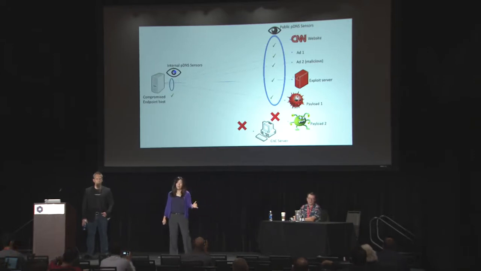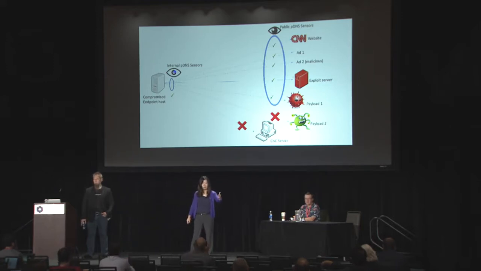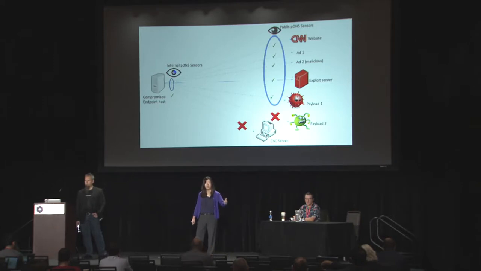when an endpoint host gets compromised by an attack, I'll give you one example here where public DNS sensors and private internal passive DNS sensors can work together to give you a better picture of the attack. The endpoint host went and visited a website like CNN. And in doing so, there were a couple of ads that rendered on the website.